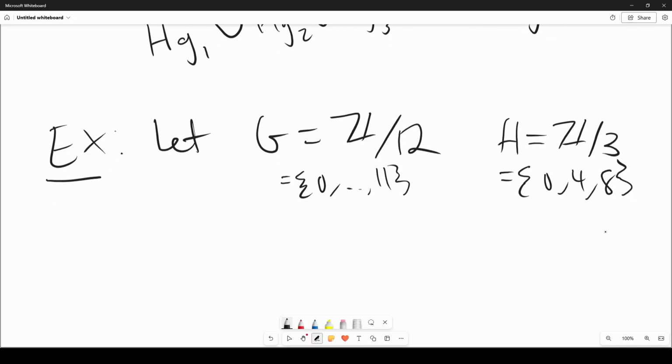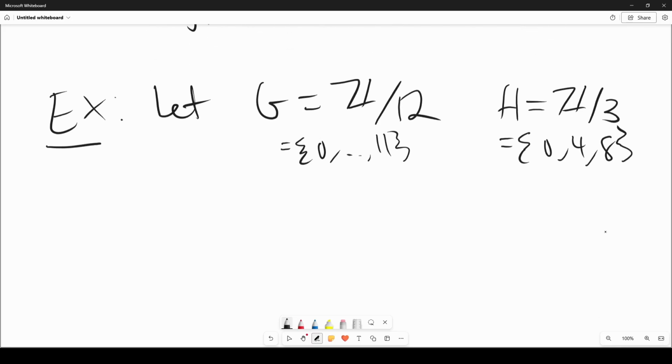Cosets here are going to be, once again, the orbit of the action of H acting on G, which in this case is H dot g equals H plus g, because in Z mod 12 the action is just adding numbers mod 12.